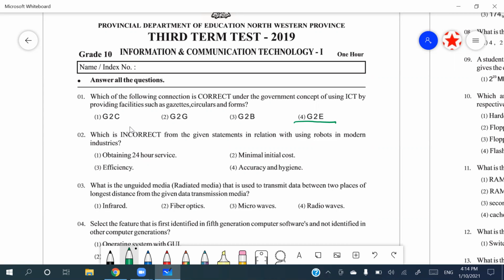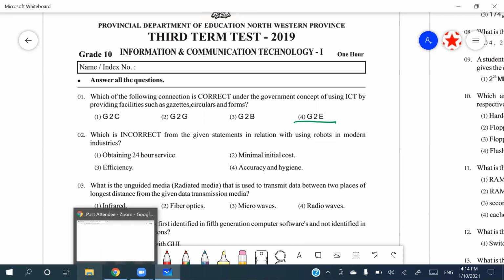And here, regarding the gazettes, circulars, and forms, those are directly regarding the employees of the government. So it's a G2E kind of service which is given there. So the answer is going to be the fourth one for the first question.